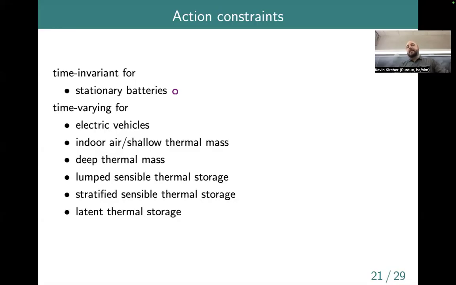It depends. Some people install batteries as backup, right? And so they deliberately wire them and have the controls set up so that when the grid goes down, they can still power the house or some of the devices in the house from the battery. So if you have the wiring and the controls, the power electronics, et cetera, to make that happen, then I would say yes, time invariant, even if you're subject to power outages. But in other applications, you may have a stationary battery, but you might not be allowed to discharge the battery back to the grid during a power outage.